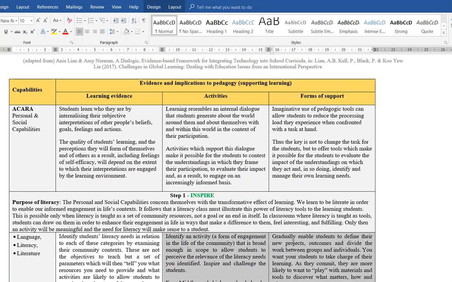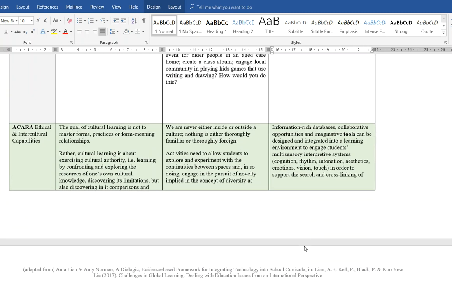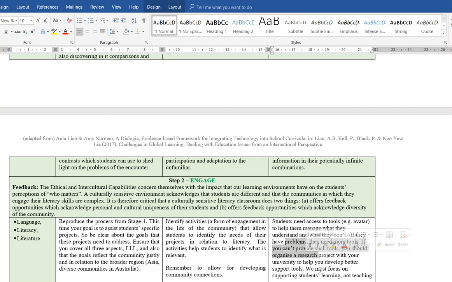Engage for each of the stages, right? So each of them has a form of support. So support here, support here.